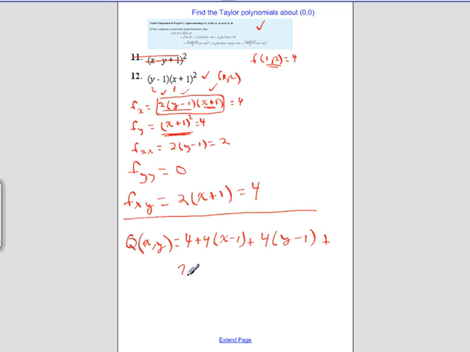So that's plus 2 over 2 times x minus 1 squared. I made a mistake earlier: this should have been y minus 2, because it's the point 1, 2. I said about 0, 0, but I'm doing this about 1, 2.